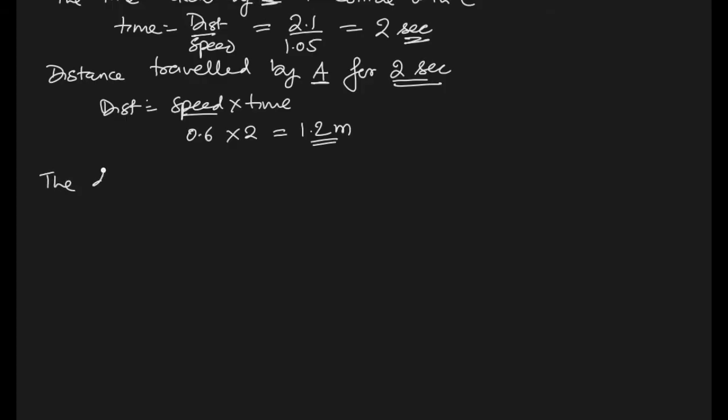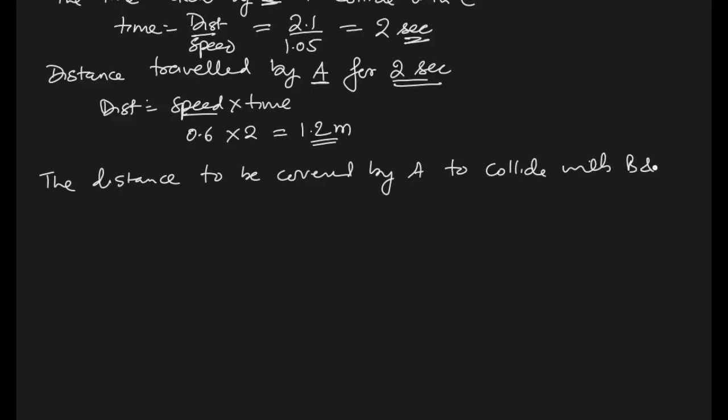The distance to be covered by A to collide with B and C will be 2.1 minus 1.2, 0.9 meters.